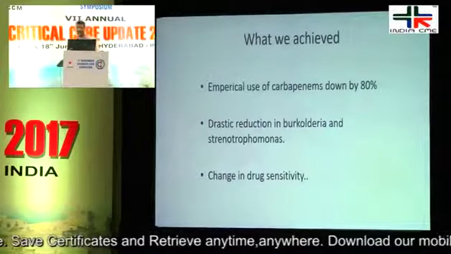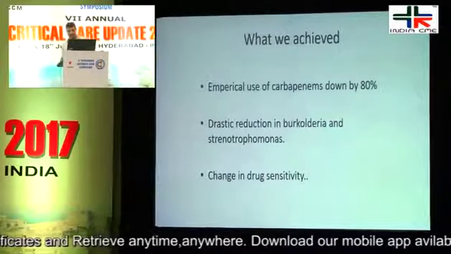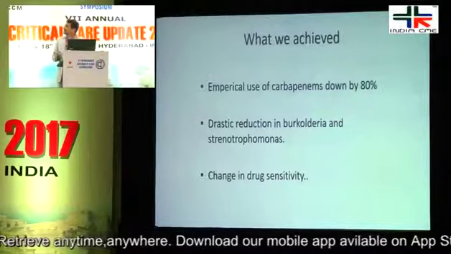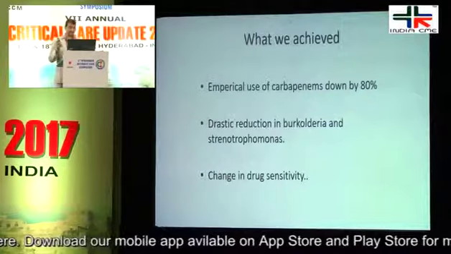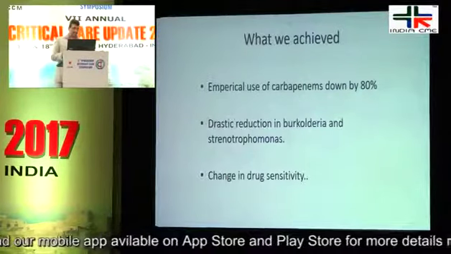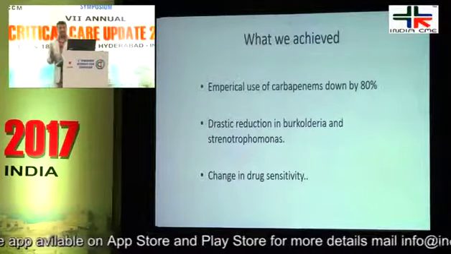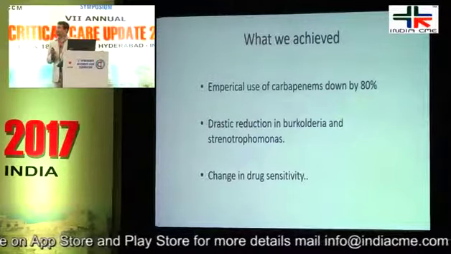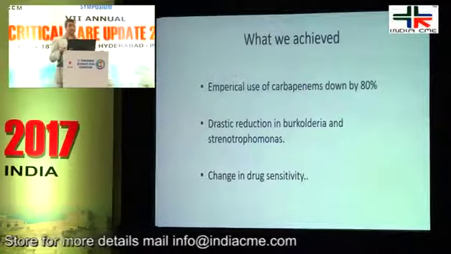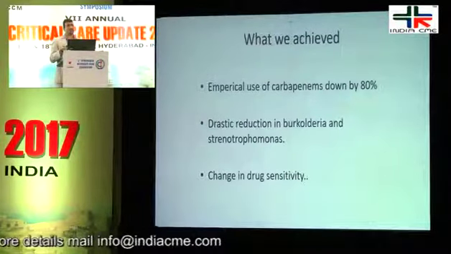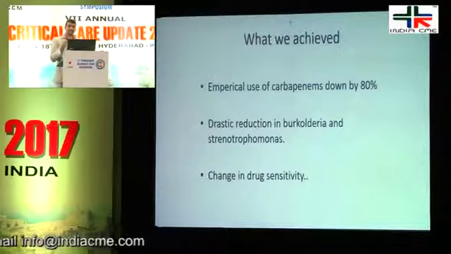So what we actually achieved when we did all those things was that the empirical use of carbapenems came down by almost 80% in our ICU when we looked at the data. As of today, there are very few indications where we use empirical carbapenems in the ICU. One of them is diabetic patients who come with complicated urosepsis.